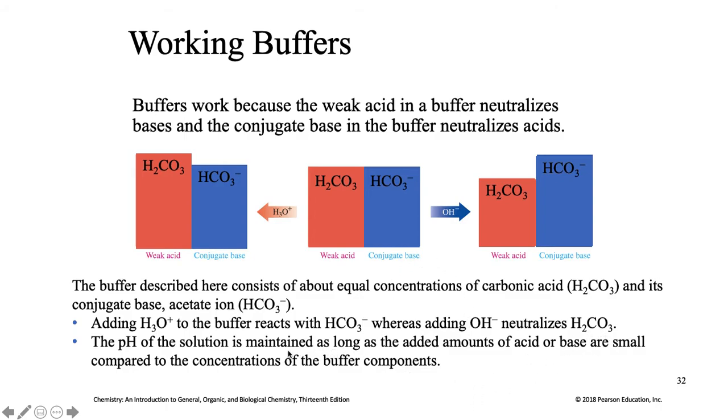Now, the pH is maintained well as long as the amounts of acid or base added, so OH minus or H3O plus, are small compared to the concentrations of the buffer. So if the amount added is very small compared to the initial concentrations of my buffer, then the pH changes are going to be relatively small. That is why I said it's very important to have high concentrations of these in your buffer solution.